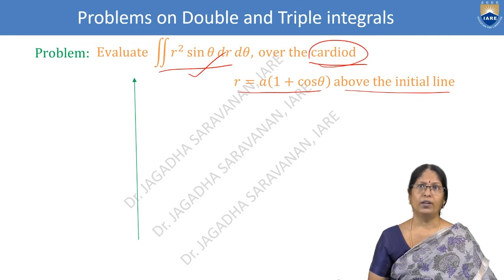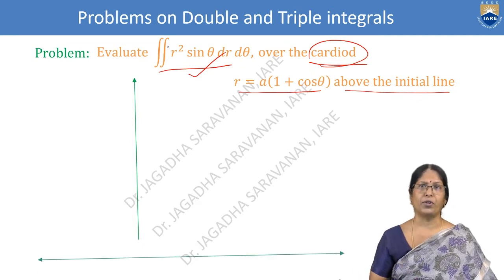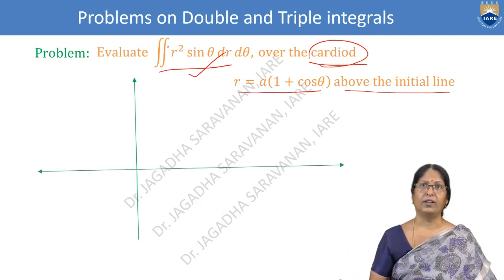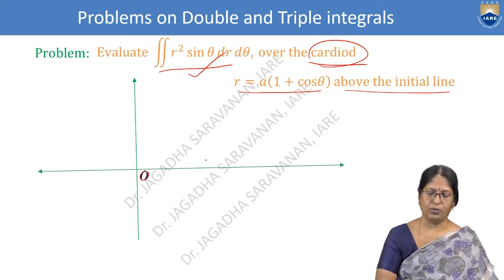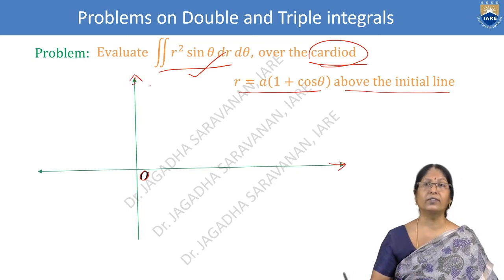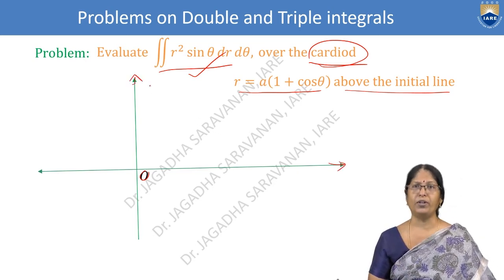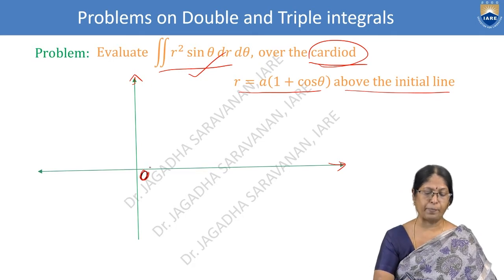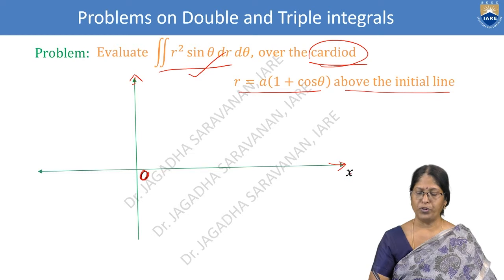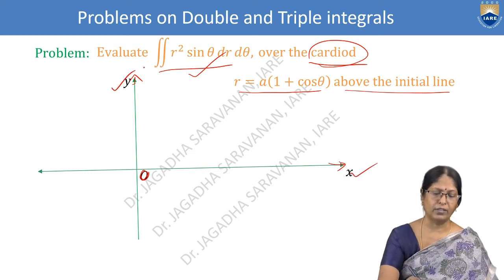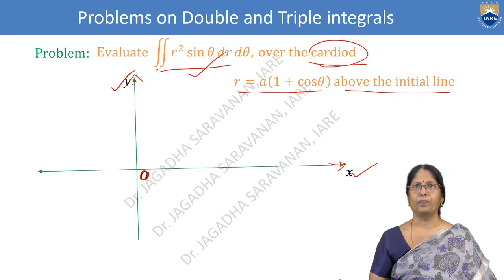Now, it is a double integration, that is the reason for the x-axis. Here is the x-axis and this is the y-axis, in two dimensions. The origin we named as O. We put the x-axis naming here, and this is the y-axis.